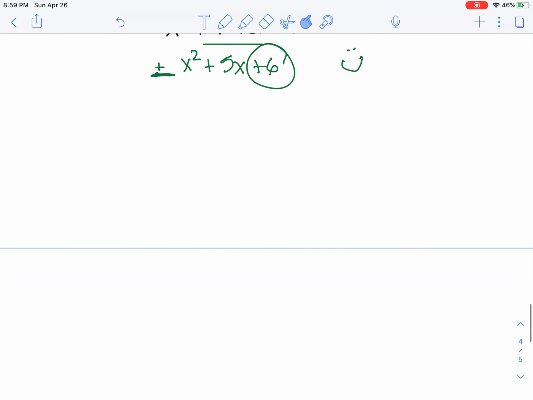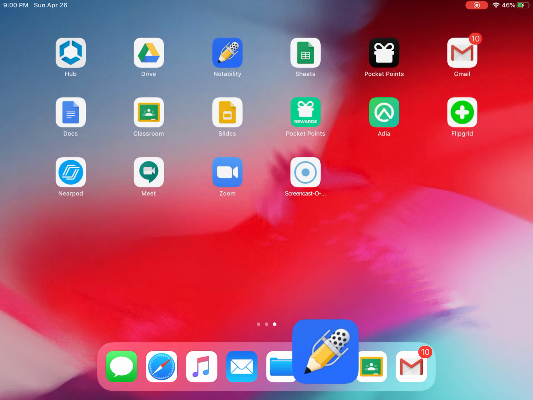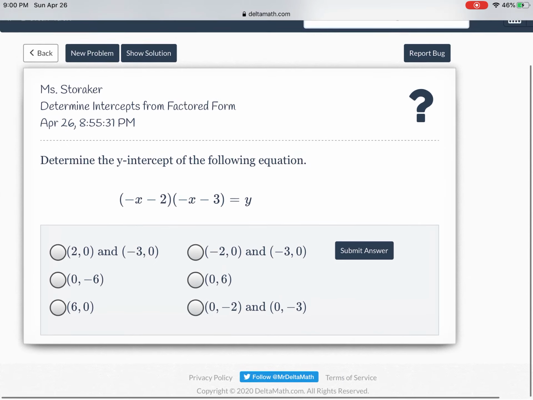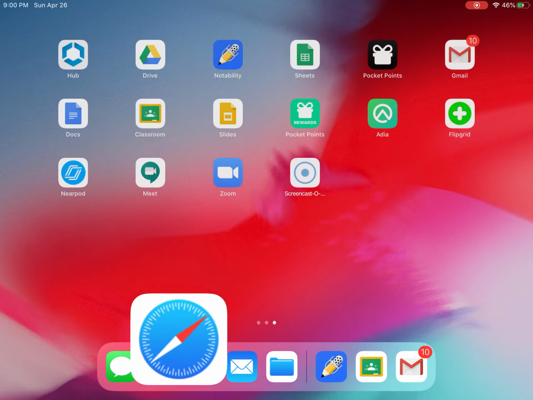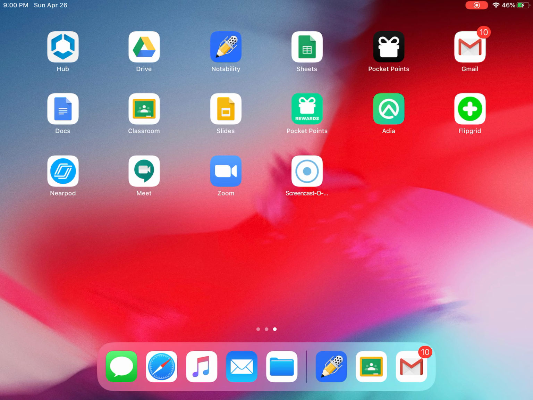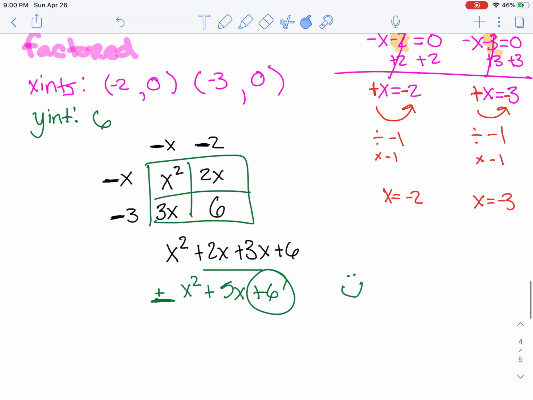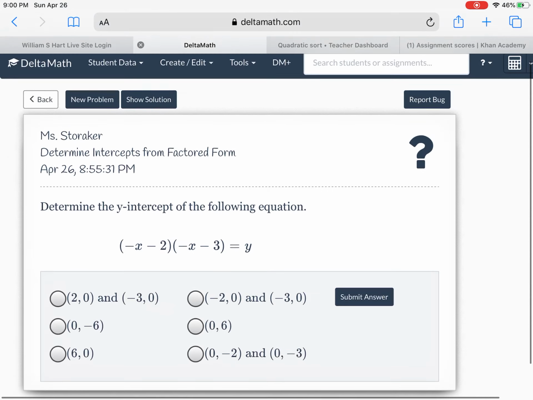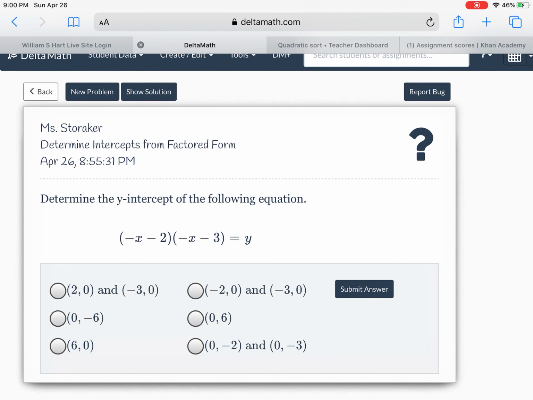Okay. I'm going to do one that I haven't seen in the Delta Math, but just in case it shows up, I want to make sure you're okay. We're going to answer this question. We had gotten, what did we get here? -2 and -3 as our answers. So it's not this one.